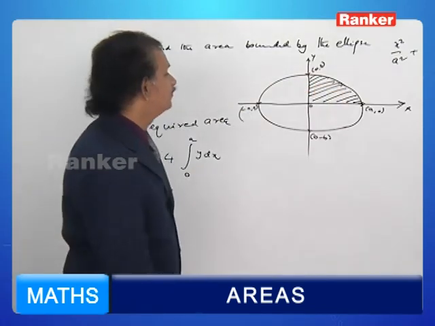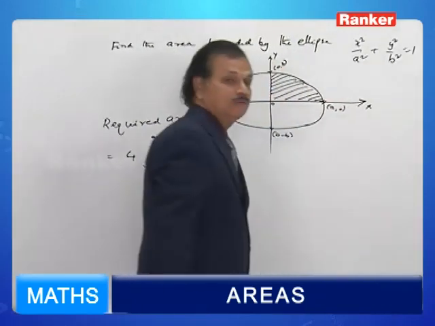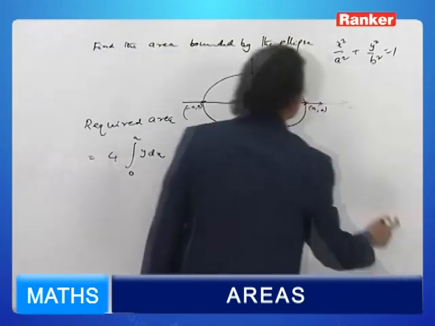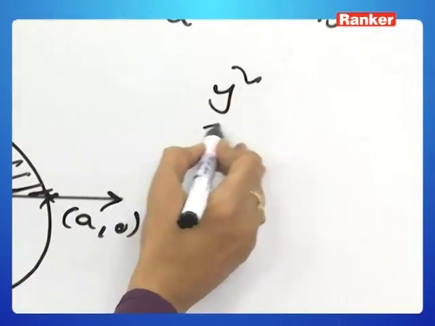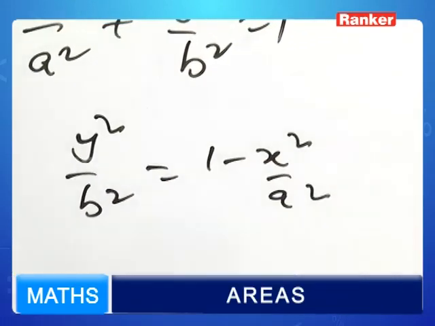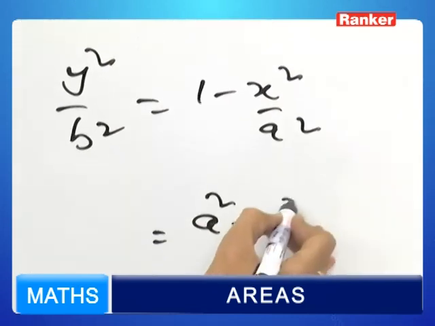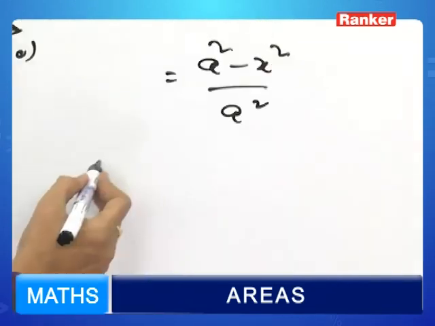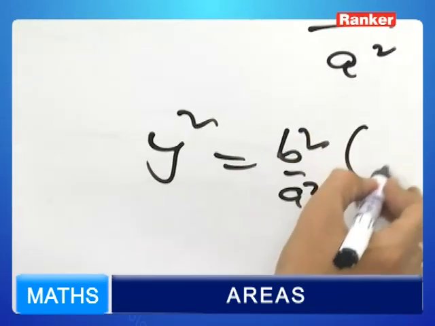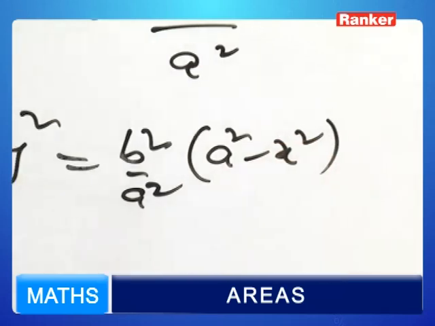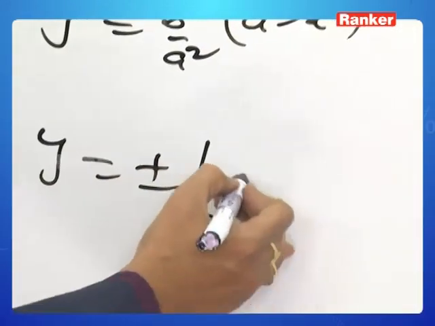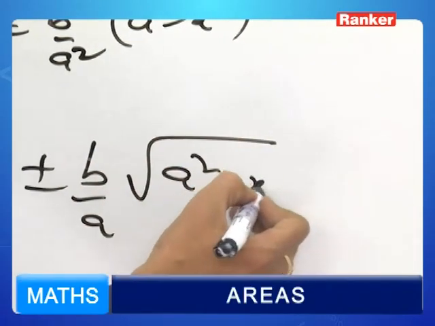So, well, from this, first of all, you must get a formula to find y. What is y? y square by b square is equal to 1 minus x square by a square, that is a square minus x square by a square. y square is equal to b square by a square into a square minus x square, or y is equal to plus or minus b by a into root of a square minus x square.